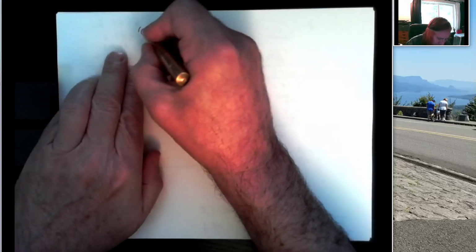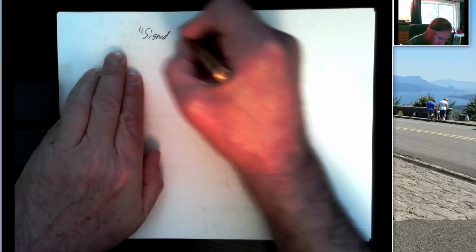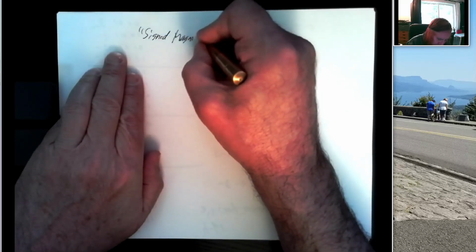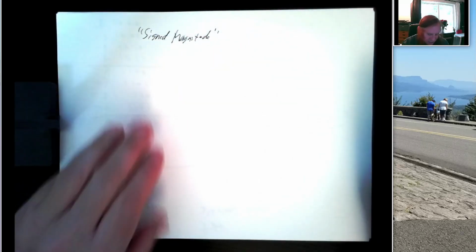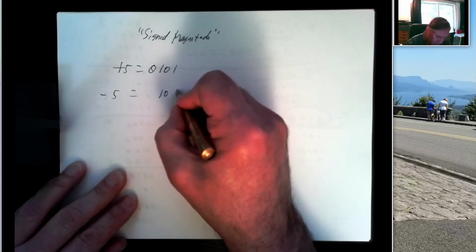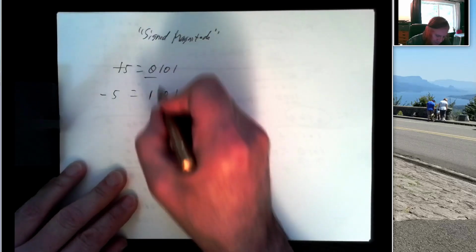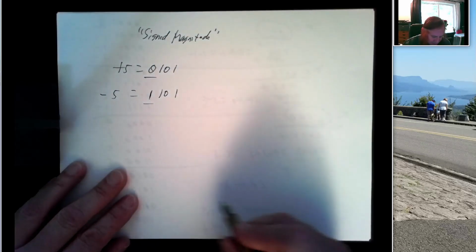One method we'll see sometimes is what's called signed magnitude. And in signed magnitude, if this is what positive 5 looks like, negative 5 is the same thing, but we just make that first digit a 1 instead of a 0.